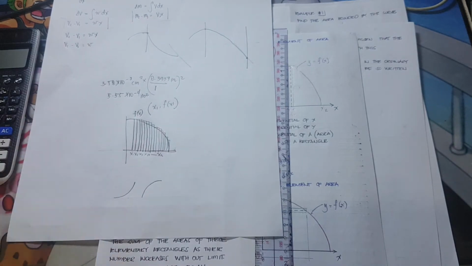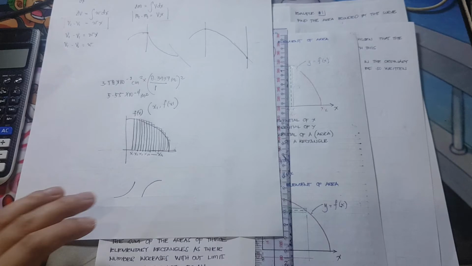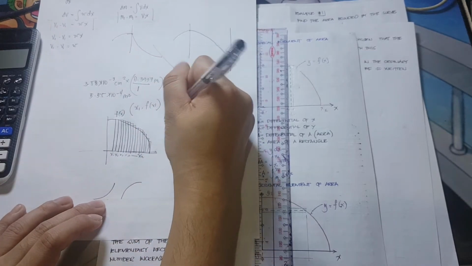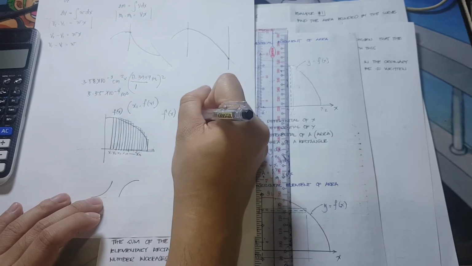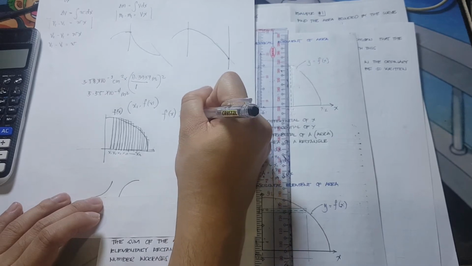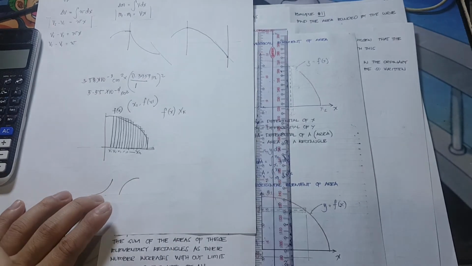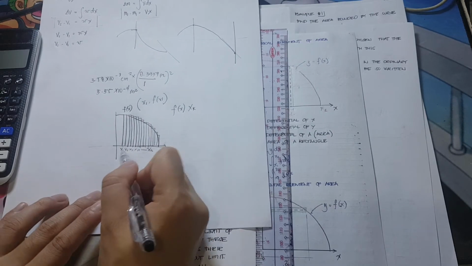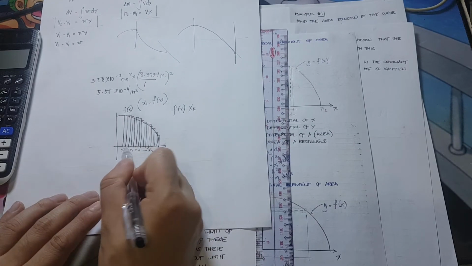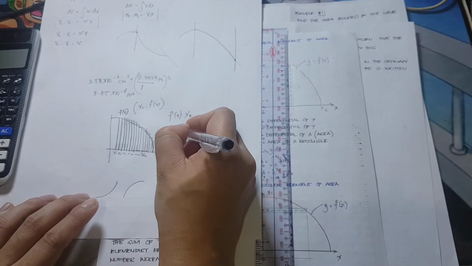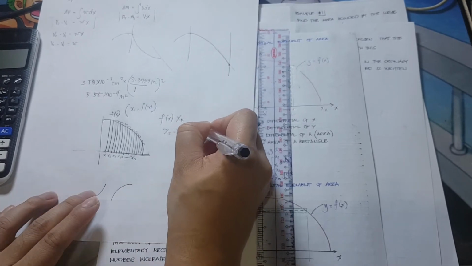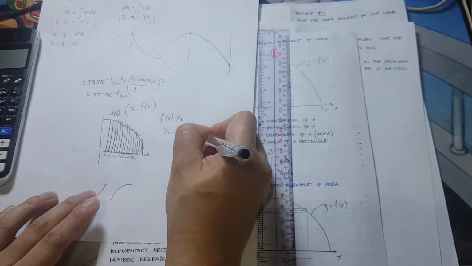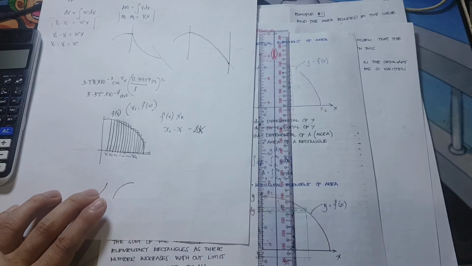Therefore, to get the area of a strip, it is simply f of x times the width xk. From coordinate 2 to coordinate 1, that is x2 minus x1, which is equivalent to delta x.